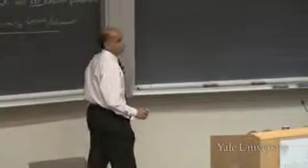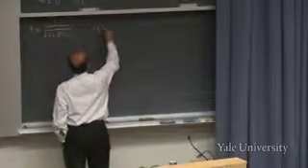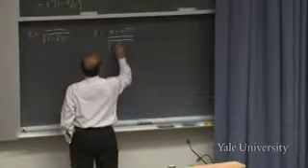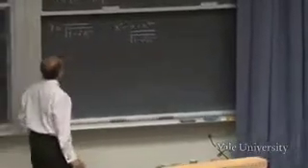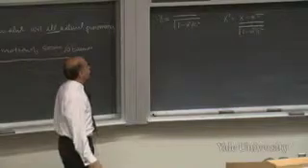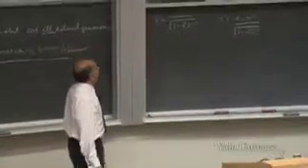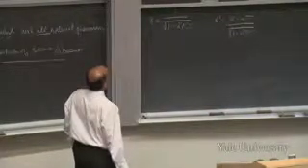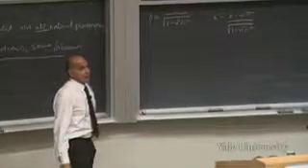If you plug that gamma back in, you will find x prime is x minus ut divided by square root of 1 minus u squared over c squared. Now once you got the relation between x prime and x, you can go to the lower equation and solve for t prime.